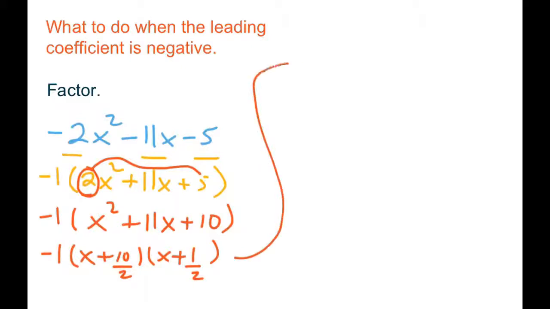All right, let's move over here now. Now I have to simplify those fractions, so I still have that -1 outside. 10 over 2 is 5 over 1. Remember, I need a denominator, so I don't just write 5, I have to write the 5 over 1. And 1/2 is already simplified.